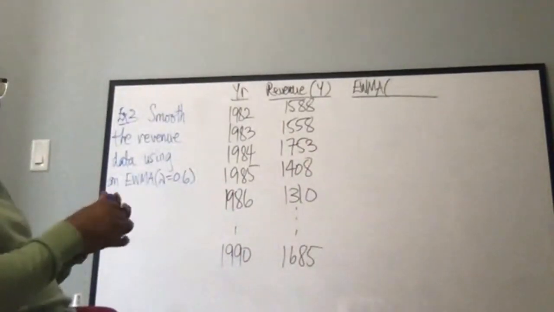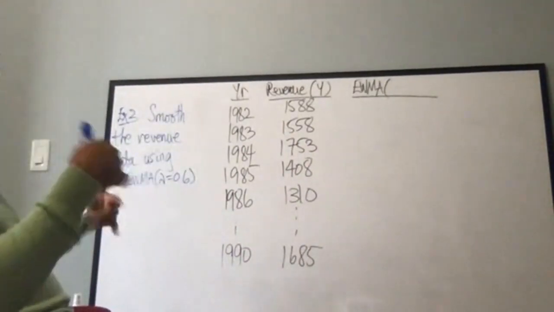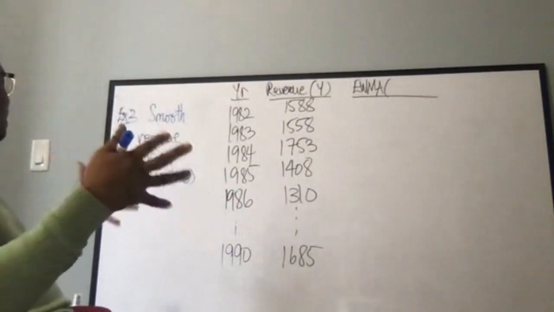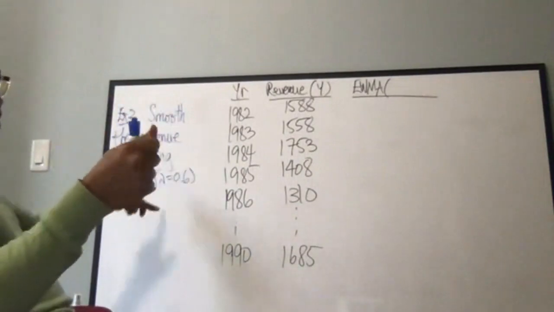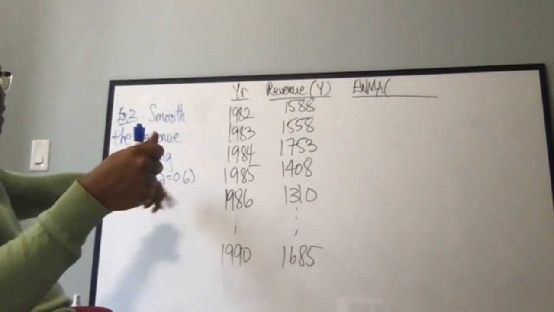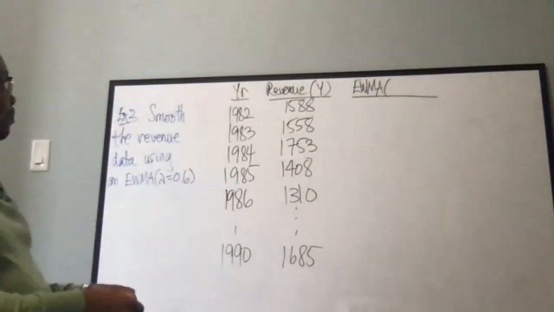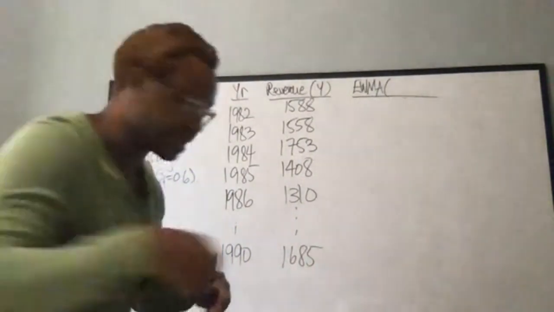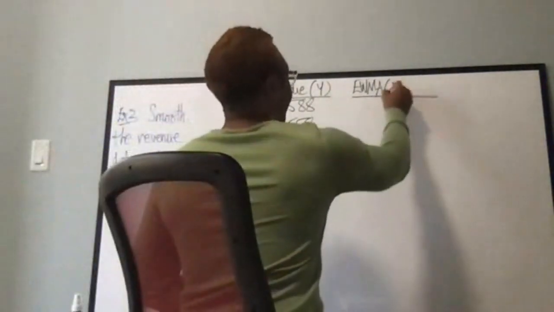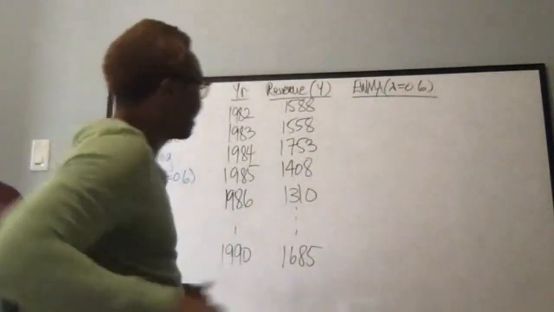So it would look something like this. Or you use the exponentially weighted smoothing algorithm, lambda equals 0.6, to smooth the data. Okay. So up here, I'm going to go ahead and say lambda equals 0.6. So that's kind of what that column would look like.